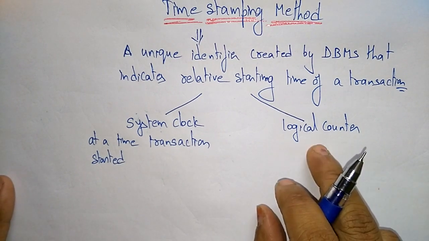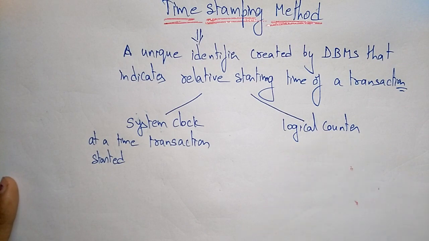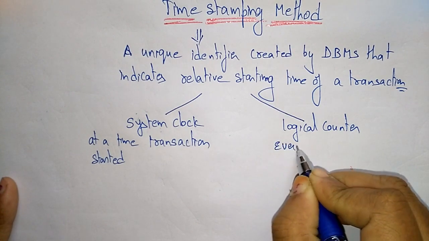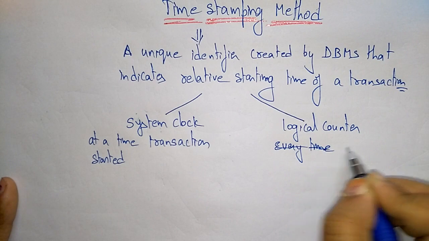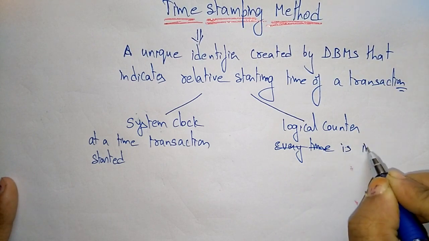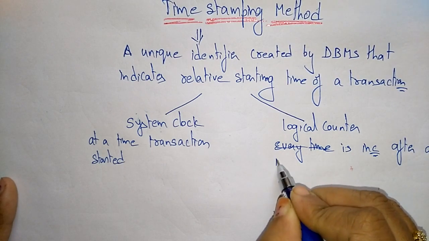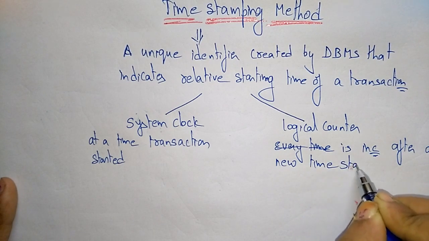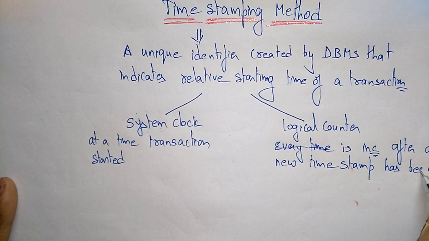So here the logical counter means it is incremented every time a new transaction starts. Or else a logical counter is incremented after a new timestamp has been assigned.